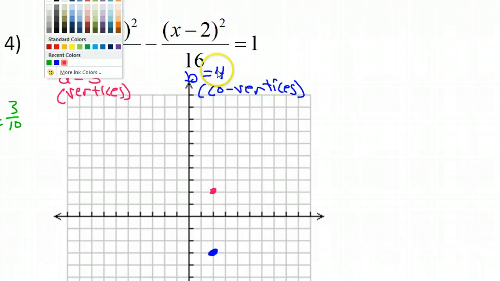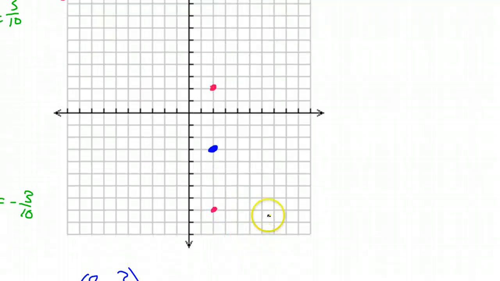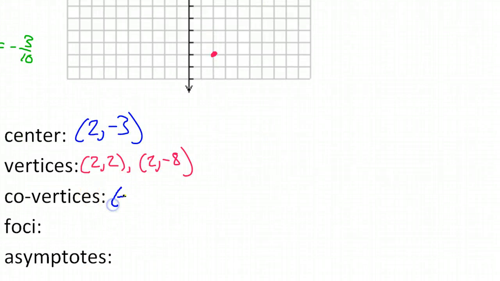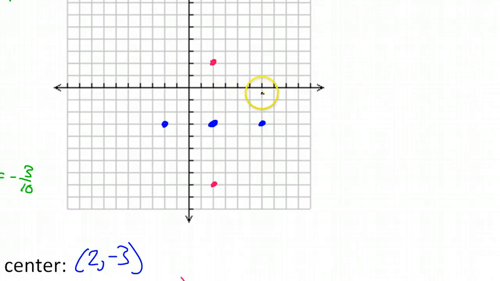Since this comes from the x term, I will go left and right 4. So here's a co-vertex, and here is a co-vertex. Negative 2, comma, negative 3 is one, and 6, comma, negative 3 is another.